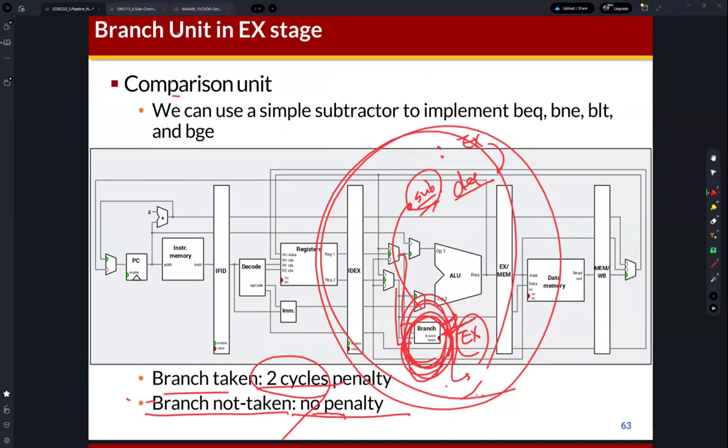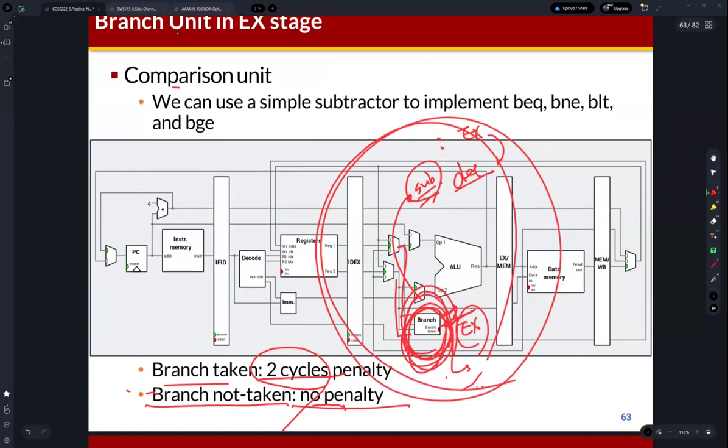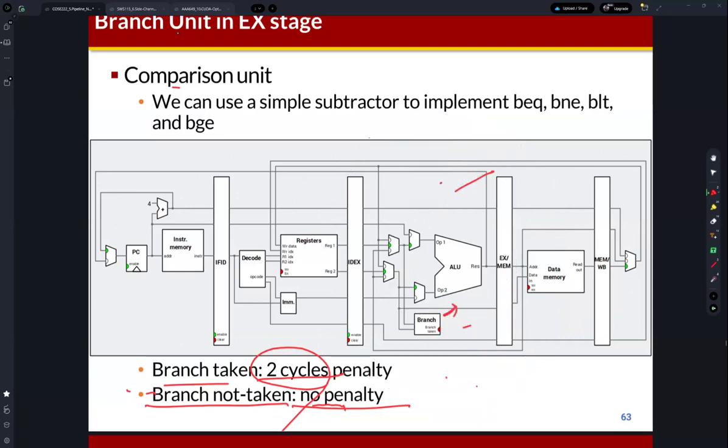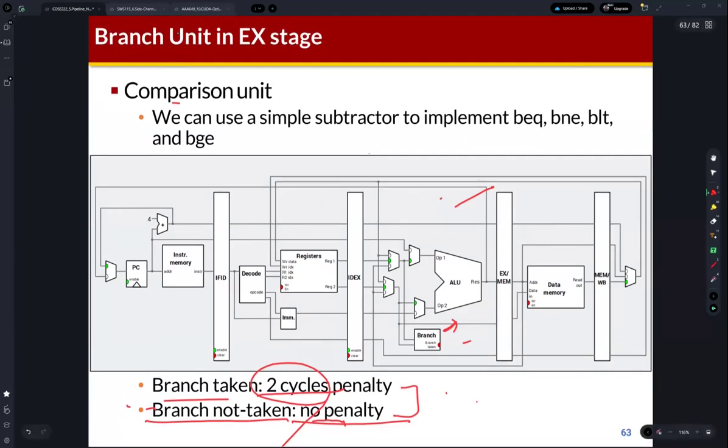So this is the control hazard by branch instruction. And actually, this is a kind of branch prediction. In order to reduce performance drops by the control hazard, we can exploit a branch predictor.